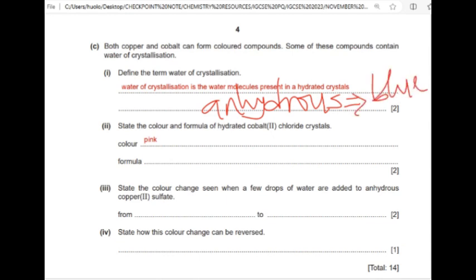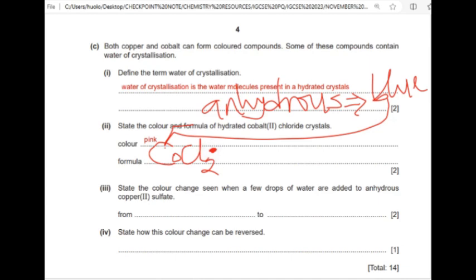The moment you add water into it, it changes from blue to pink. So that's the test for water. We either use anhydrous cobalt 2 chloride or anhydrous copper 2 chloride. So what's our formula? Cobalt, capital C, small letter o, for cobalt 2 chloride. You put a dot to show the hydrated.